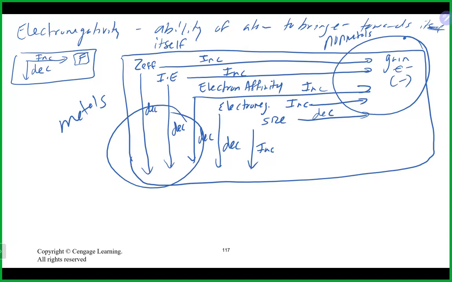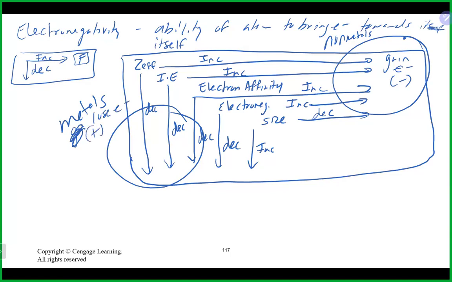They have low ionization energy, which means it takes less energy to remove an electron. They have no interest in gaining electrons, really, or taking people's electrons because they have low electron affinity and low electronegativity. That is why these guys typically will lose electrons and become positively charged ions.